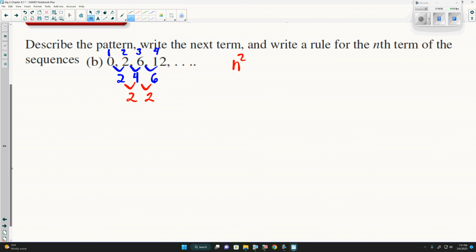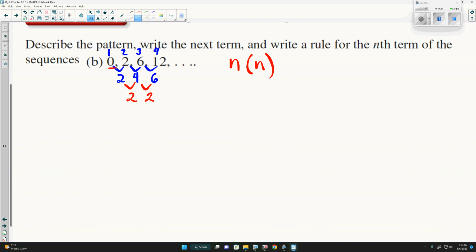Now we could have n squared, we could have n, and we could have a number, we could have 3 terms. But the biggest thing is that we're going to have n and n being multiplied together in some way. So we might have to do some manipulating with these numbers to get there.